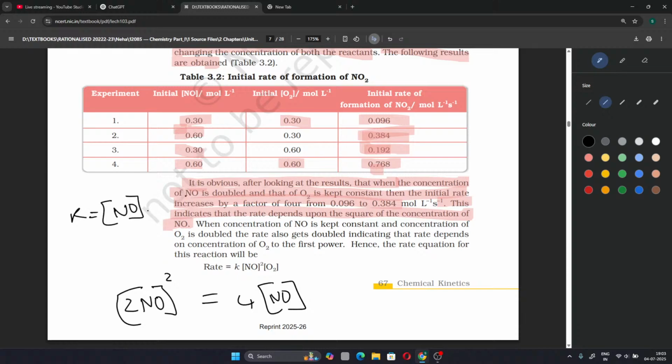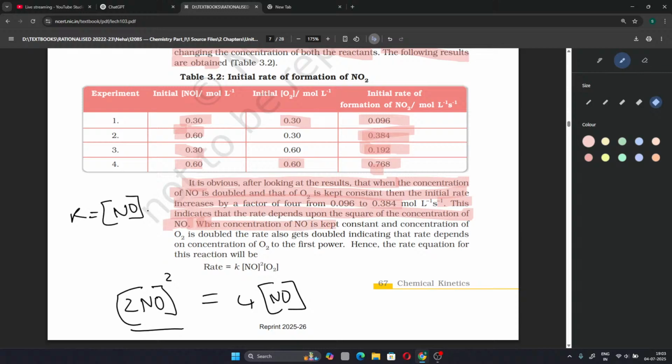So when we see that the rate became 4 times the initial rate, we can conclude that it depends on the square of the nitrogen monoxide concentration.